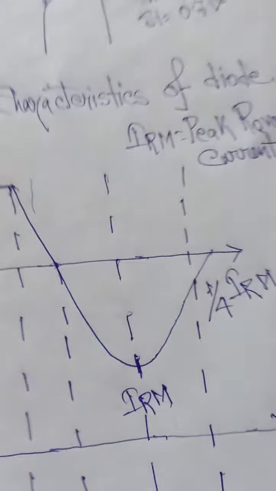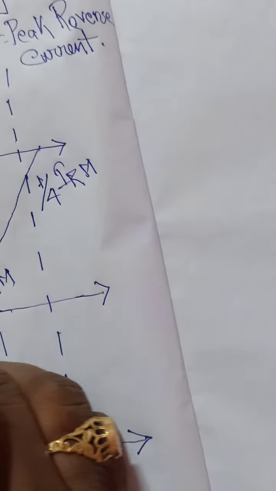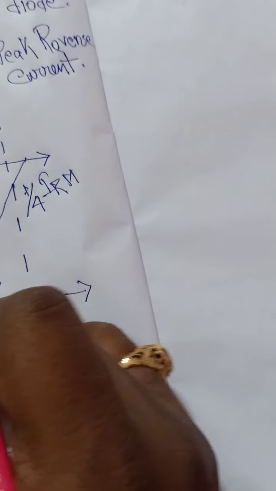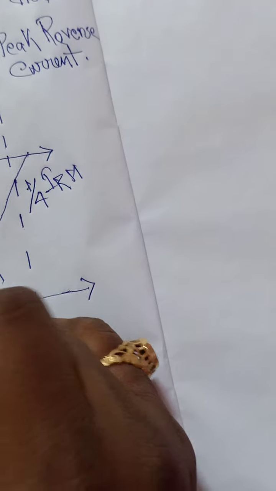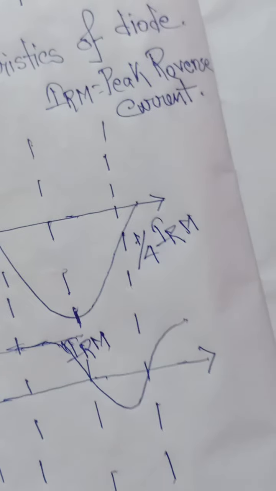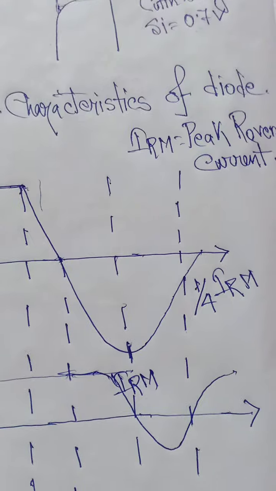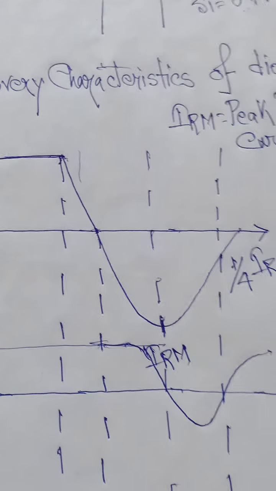So it will be like this, it will come like this. This is the voltage. Okay, understand? So this is from here to this one.